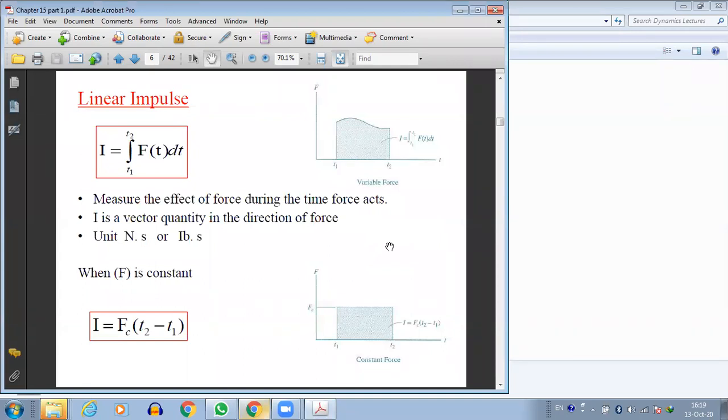This I is the impulse, and it is the integral of F dt from t1 to t2. If F is constant, then F will come out of the integral and it will become I equals F constant into t2 minus t1.